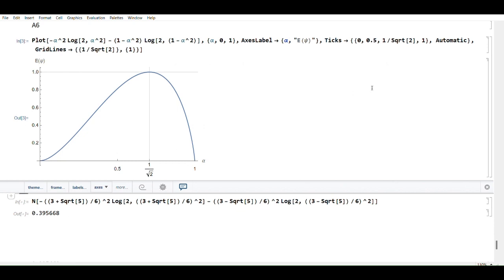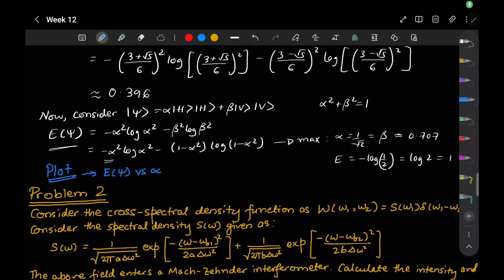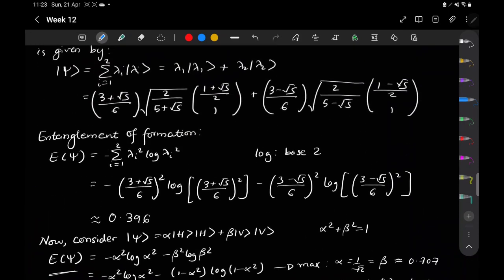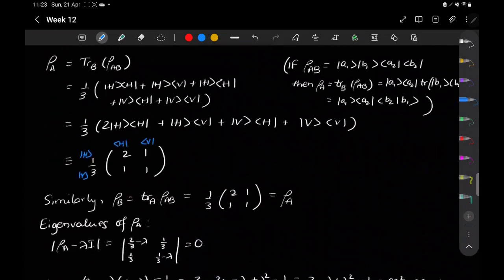Now we can proceed to the next problem, problem number 2. Okay, so problem 1 is completed.